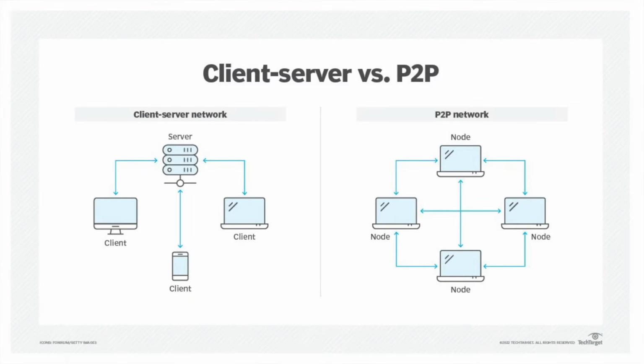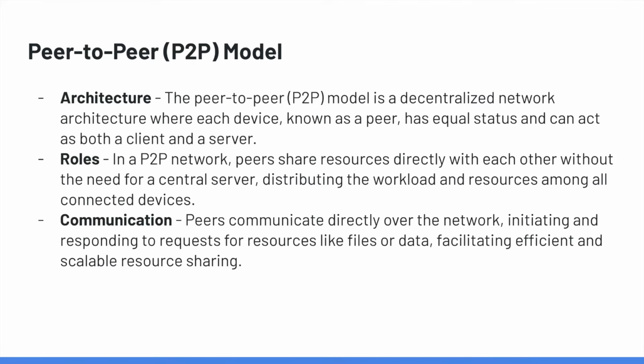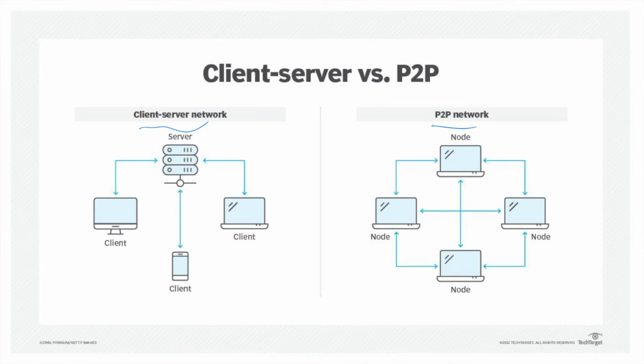And this is just another comparison right here between what a client-server network would look like and what a peer-to-peer network would look like. So just some basic facts about a peer-to-peer network. It's a decentralized network where each device has equal status and can act as both a client and server. So if you go back right here, this computer can hold data. For example, this computer right here could hold data that other computers in the network want, and it could simultaneously or not simultaneously access data from other computers.